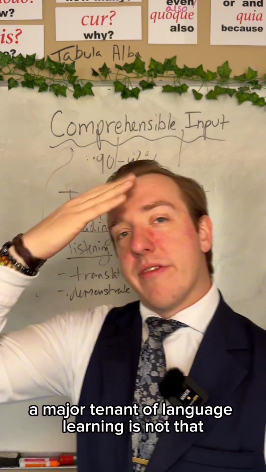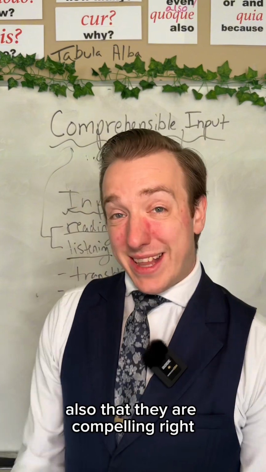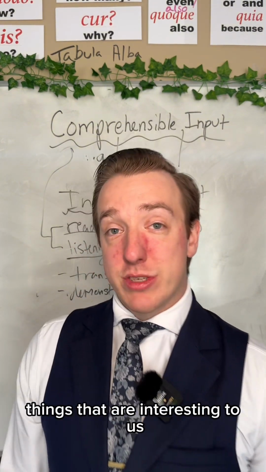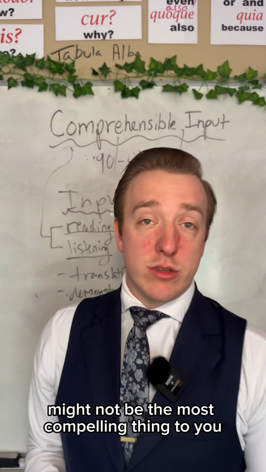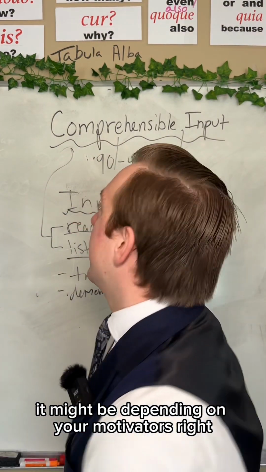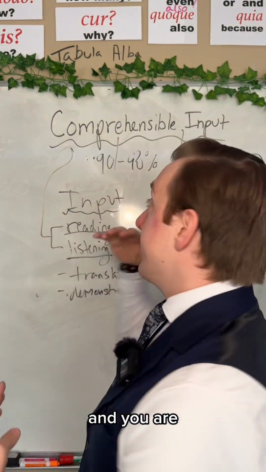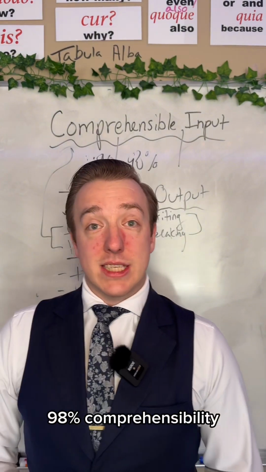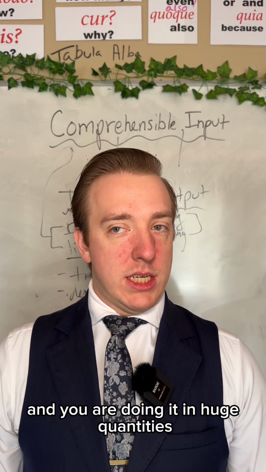A major tenet of language learning is not that things are just comprehensible, but also that they are compelling. Right? Things that are interesting to us. Me going hic est calamus might not be the most compelling thing to you. It might be. It depends on your motivators. So the goal is that you are taking things that are input and you are doing 90 to 98% comprehensibility, and you are doing it in huge quantities.